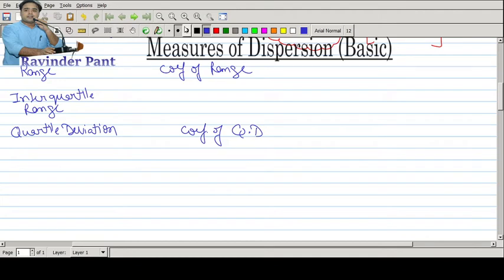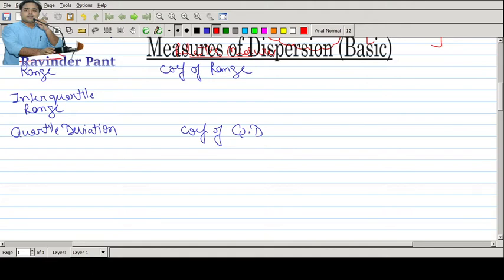So these were your absolute measures and these are your relative measures. So there will be some questions based on your quartile deviation, and you'll see that this quartile deviation and coefficient of quartile deviation happens to be a very popular topic from the point of view of your examination.